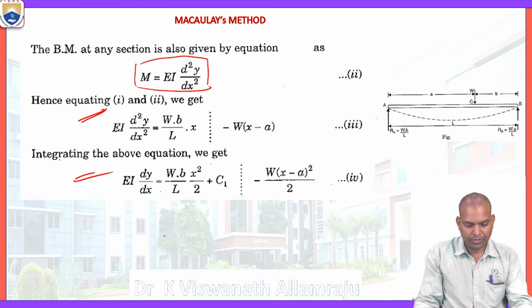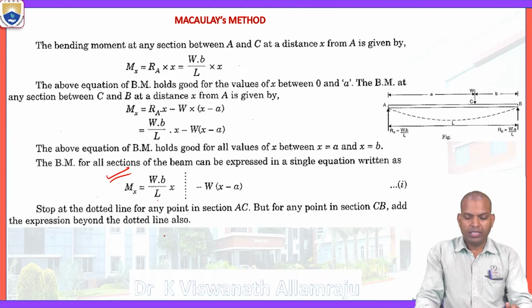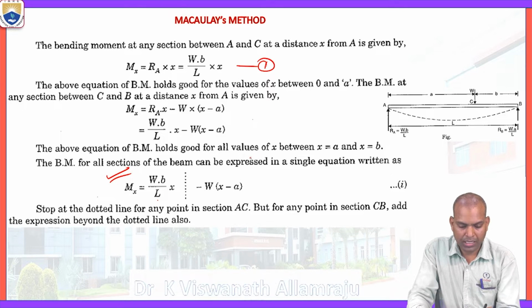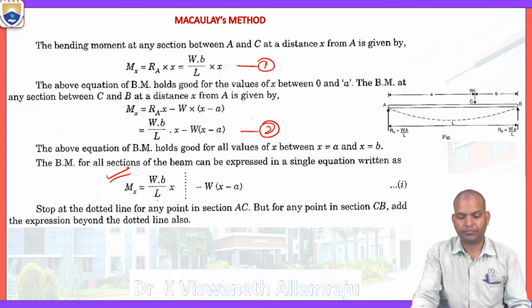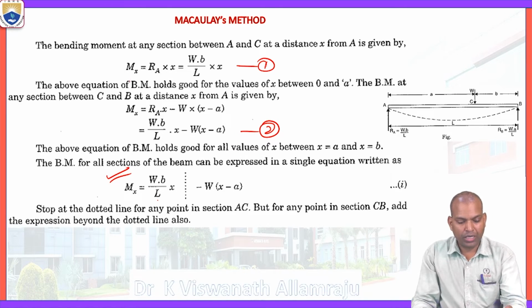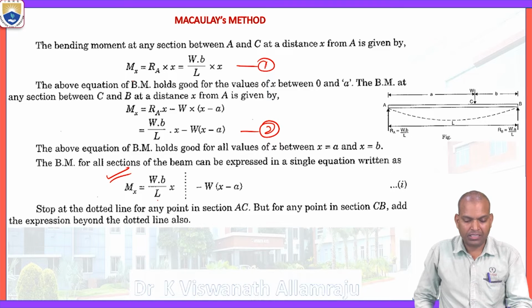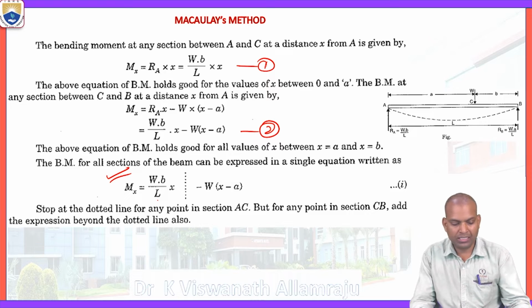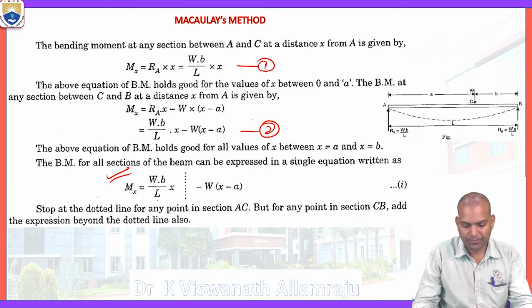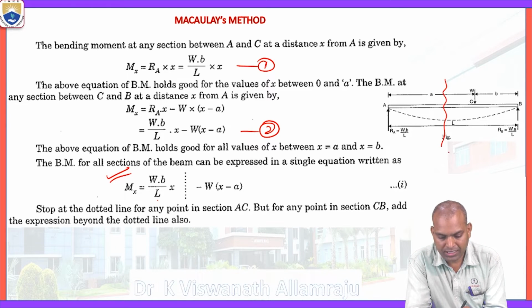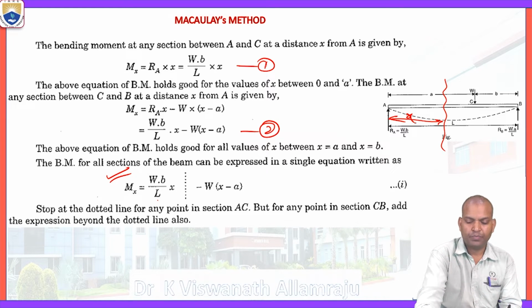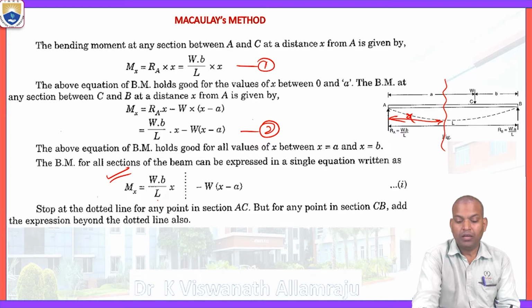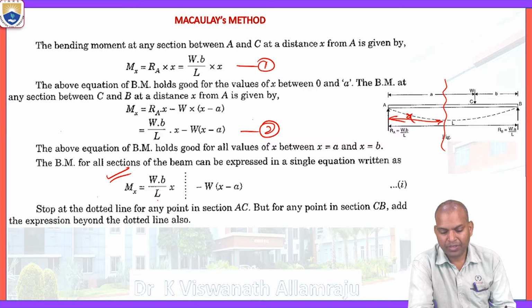Here, equation 1 and equation 2. Equation 1: Mx equals RA times x, that is WB by L times x. Up to what distance? We considered the x distance between below the point C, that is between A and C. But we want it throughout the span of the beam.